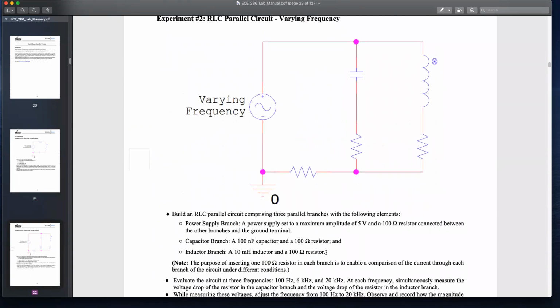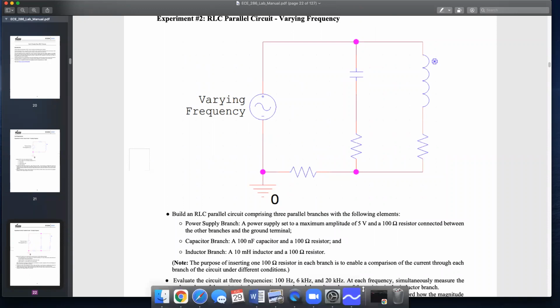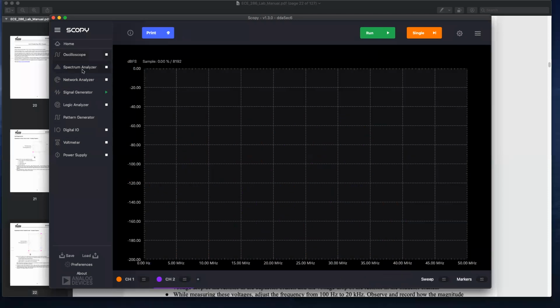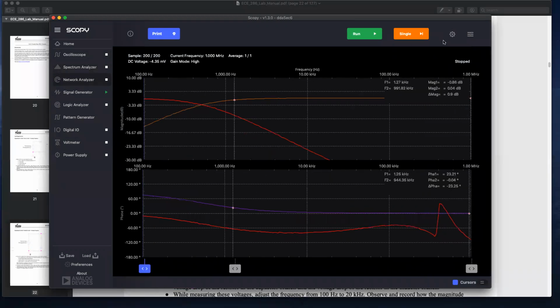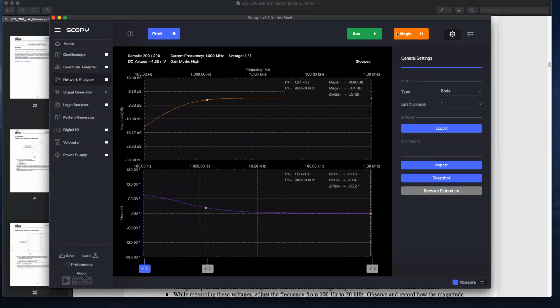Same with this. If you don't know, it's safe to just do the frequency sweep, which is under Scopy, under Network Analyzer, not Spectrum. Let me just remove this reference and then click single. Let me stop that really quickly.